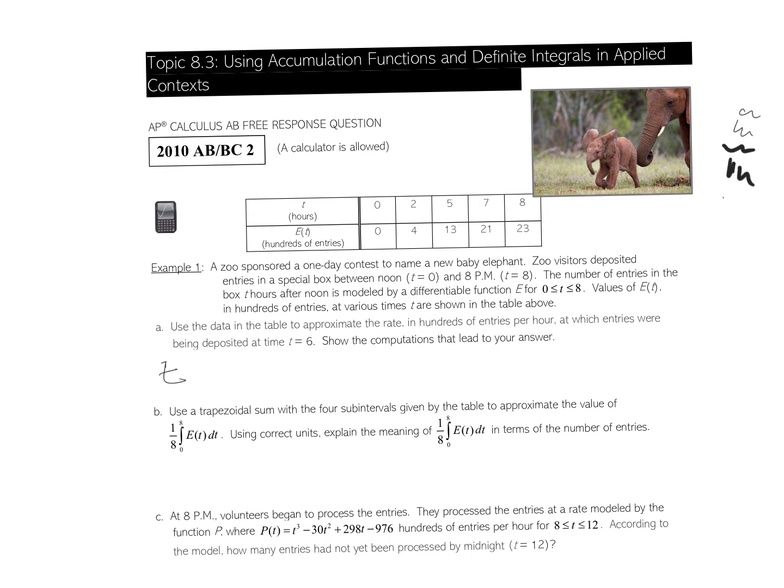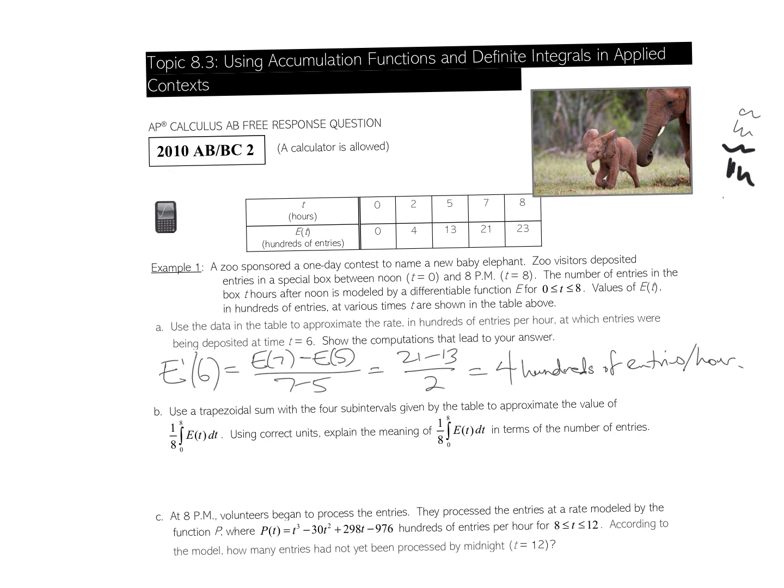E prime of 6 equals E of 7 minus E of 5 divided by 7 minus 5. So I get 21 minus 13 divided by 2. I plug that into my calculator, and I get 4 hundred entries per hour.